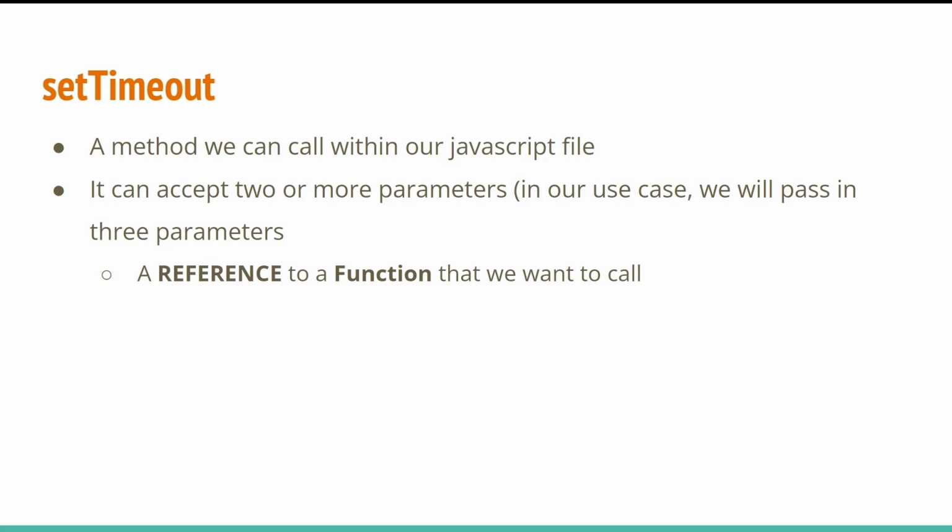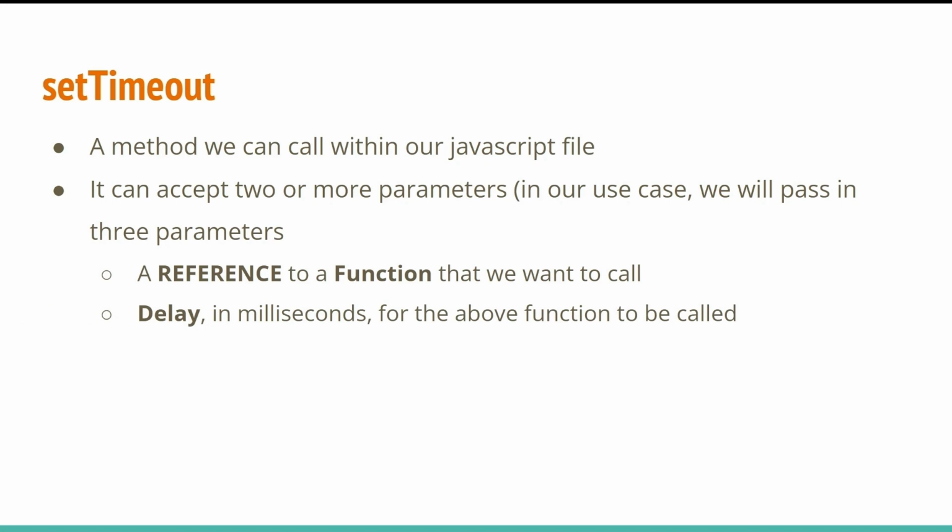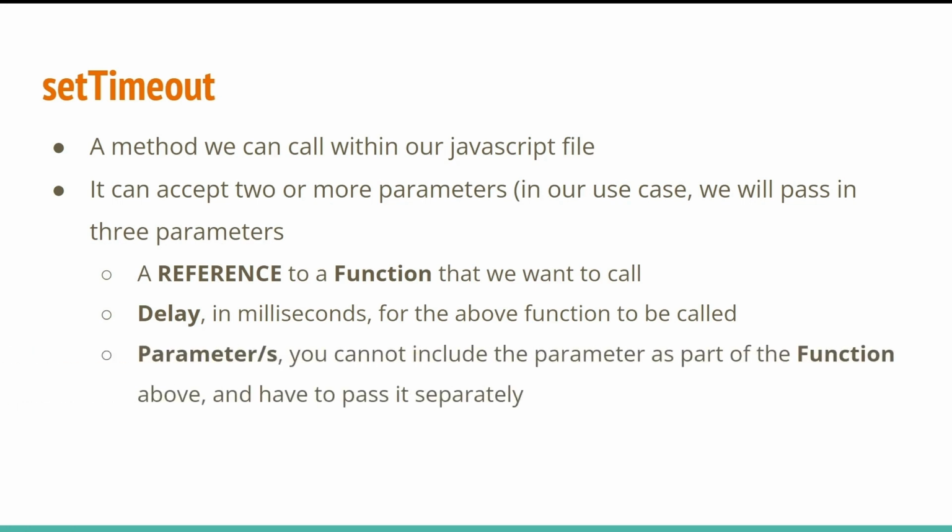Secondly, we want to pass in an amount of time that we want the setTimeout method to wait before it calls the onDelete function. Note that you have to pass in milliseconds, and 1000 milliseconds is 1 second. The third and fourth parameter that you can pass in, and it does depend on your function, is the parameter that you want. So in my case, it's going to be the ID that I get.